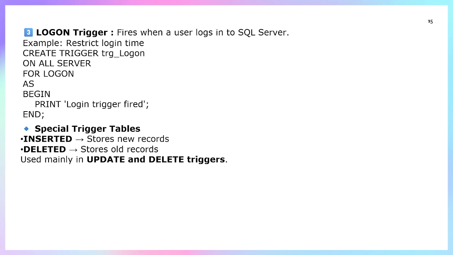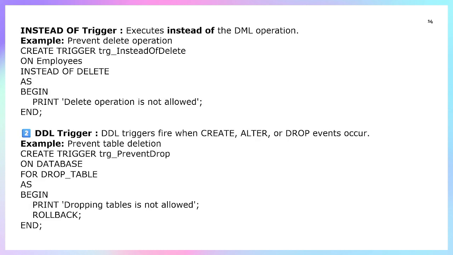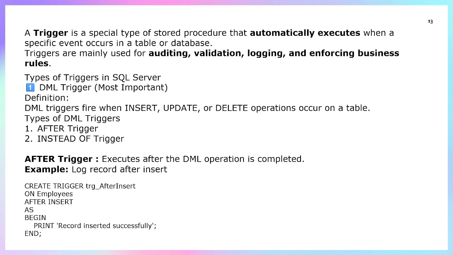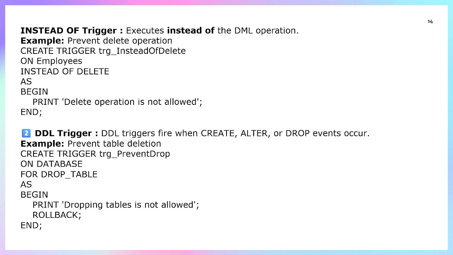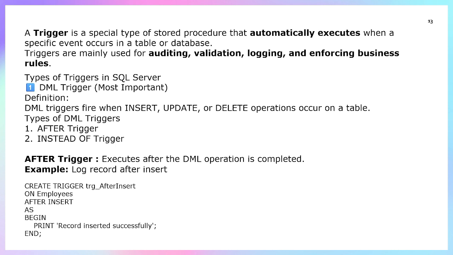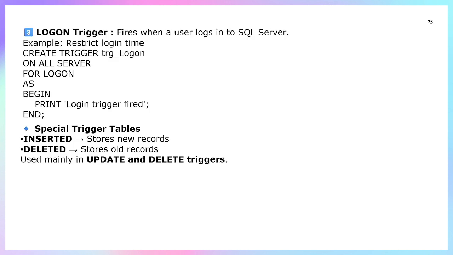And logon trigger is when a user logs in. So I think you remember all these triggers, and you can see here once again I can show you: DML, DDL, and logon.